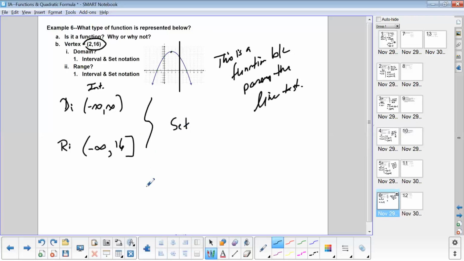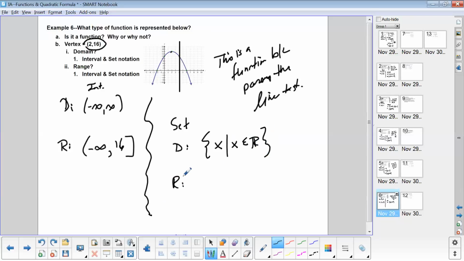Set notation. Domain. Well, if the domain in the interval notation was negative infinity to positive infinity, the set notation would be the set of all values x such that x is an element of all real numbers.